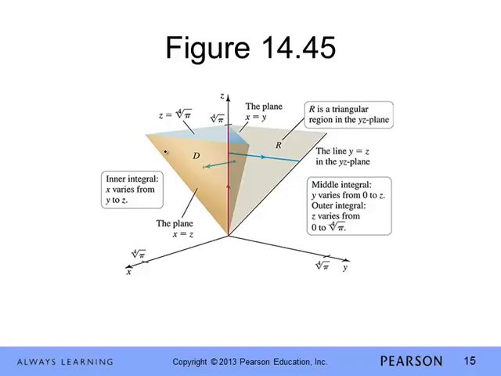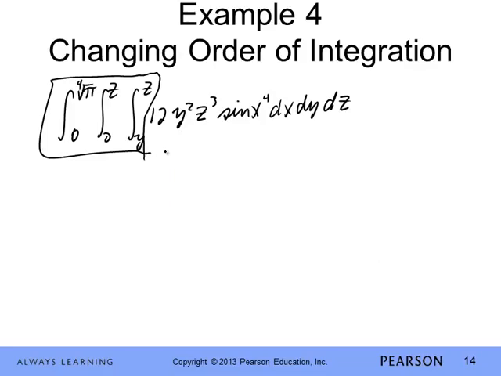What's the problem, though? Let's go back. Why can't we integrate this? Why can't we carry out this integral just as it is? Anyone want to hazard a guess? Well, when you integrate this whole thing with respect to x, 12y squared z cubed is a constant with respect to x.